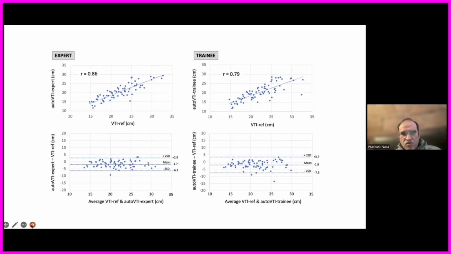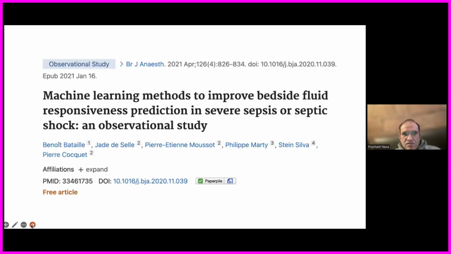So in the hands of both expert and trainee, the tool performed much better as compared to when they were not given this tool to calculate VTI and fluid responsiveness. So automation definitely can help the way we are not only predicting hemodynamic instability, but also can help us look at these hemodynamic tools in a much more critical way, or improve the way we are calculating or utilizing these tools.